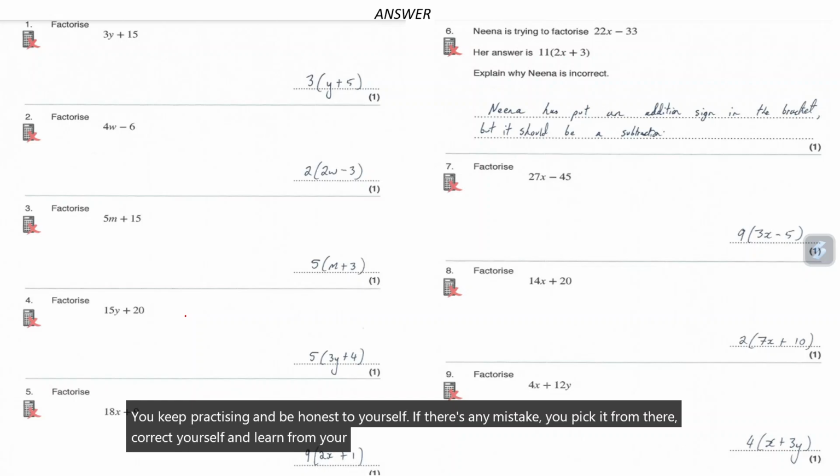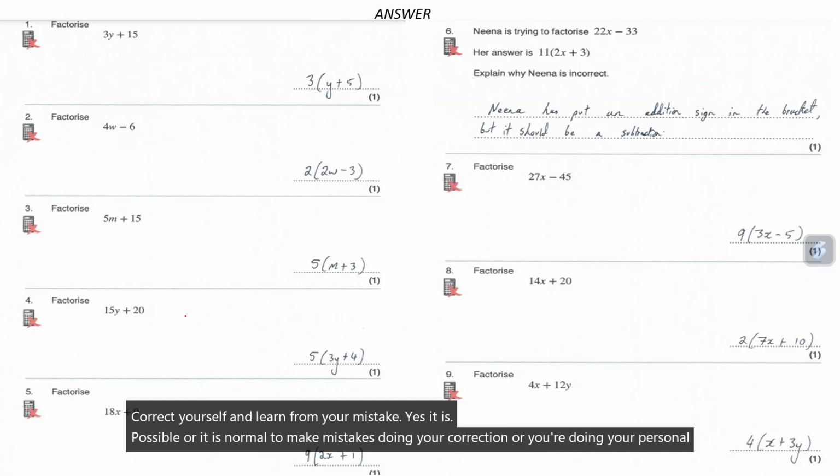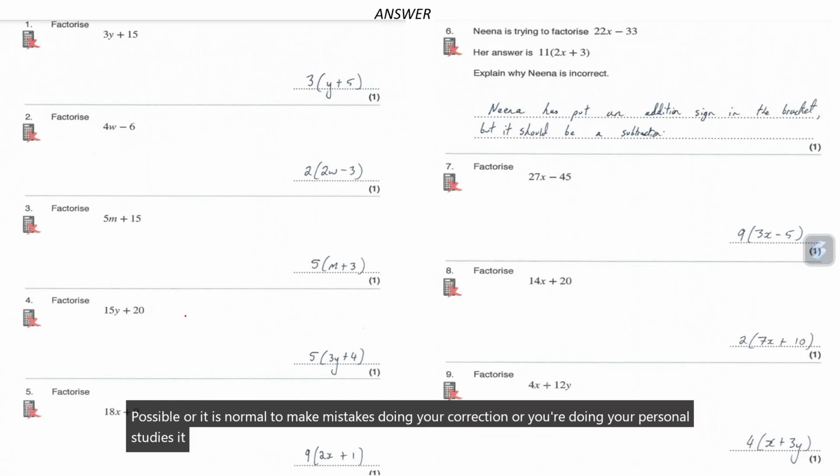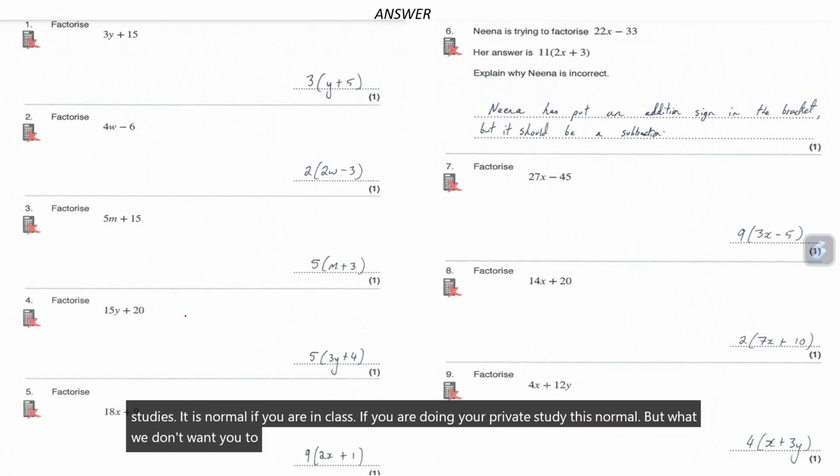Yes, it is normal to make mistakes doing your corrections or your personal studies. It is normal if you are in class, or doing your private study. But what we don't want you to do is to make mistakes in the exams.